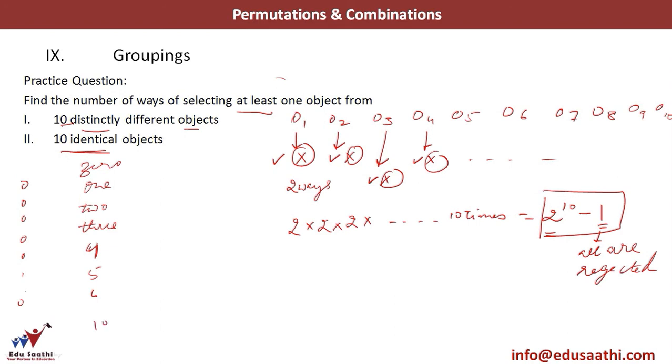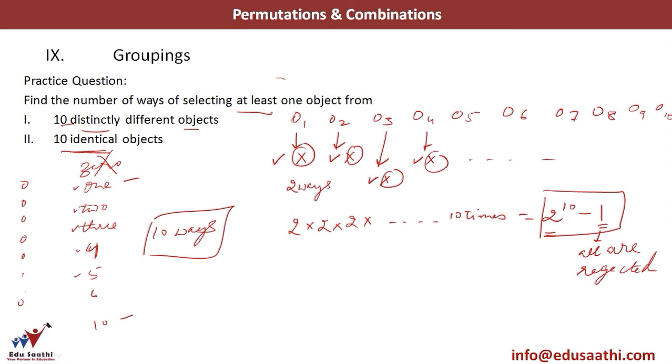So what are the number of cases in which I have to select at least one? I'll leave this 0 part. From 1 till 10 I have 10 ways to select at least one object, the 10 ways being either I select one of them, or two of them, or three, or 4, or 5, till 10.